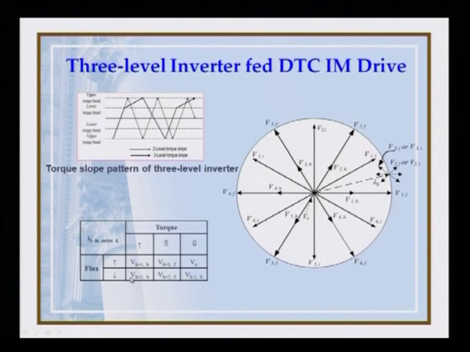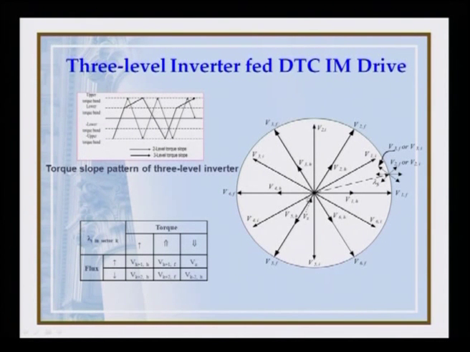And then if we want to decrease the flux and also decrease the torque, it is Vk minus 2h. So, k minus 2, k is 1 here, k minus 2 is 4h. So, what is 4 here? In this case 4 is this vector.